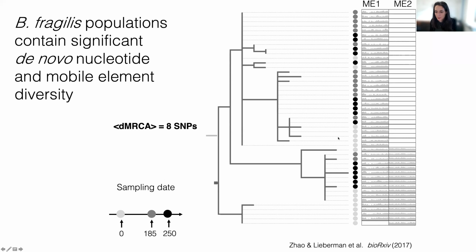But there is some coexisting diversity. And we see here that there are also gains and losses of mobile elements. So these are mobile elements that are present in some colonies and absent in others. In this case, these two are consistent with losses, but we also see other cases that are consistent with gains.